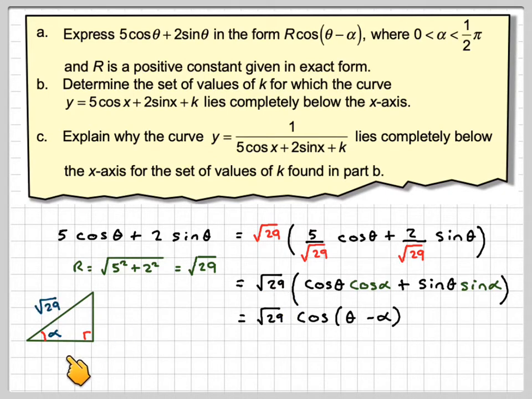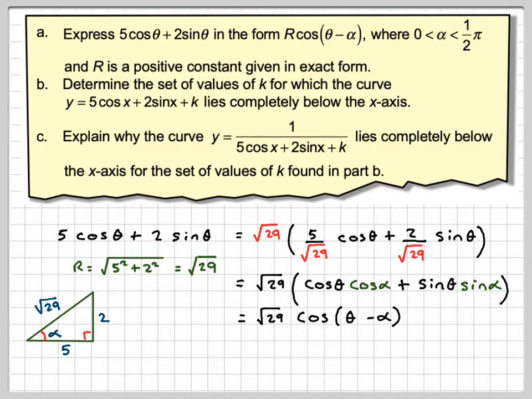Now you need to get these two round the right way. Because 5 over root 29 is cos alpha, this one here has to be 5. Adjacent over hypotenuse gives you 5 over root 29. And this one here has to be 2, because opposite over hypotenuse gives you sine alpha.